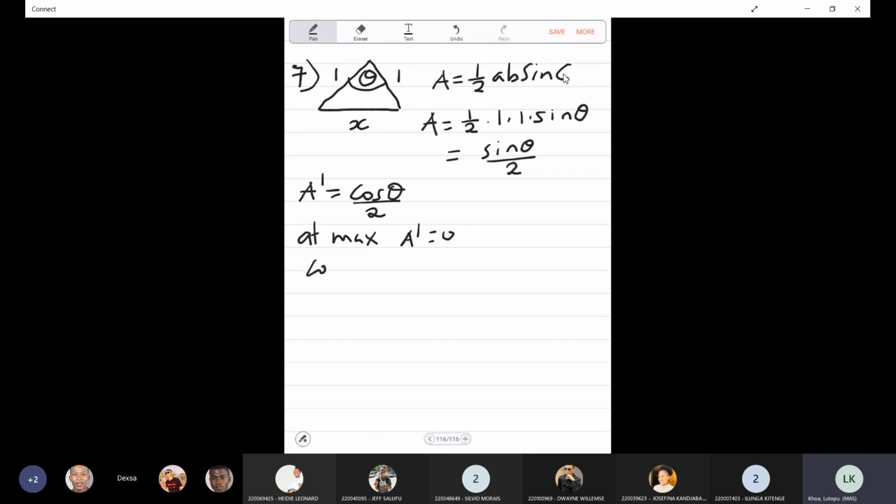So this means that cos theta over 2 is equal to 0, which means that cos theta is equal to 0. So if cos theta is equal to 0, this means that theta is pi over 2, and that's the only value that it can be because this is a triangle.